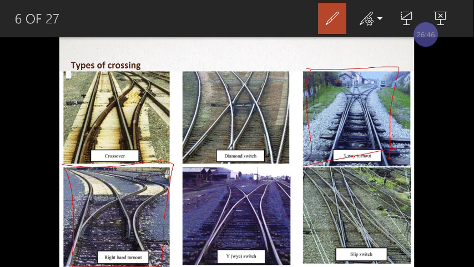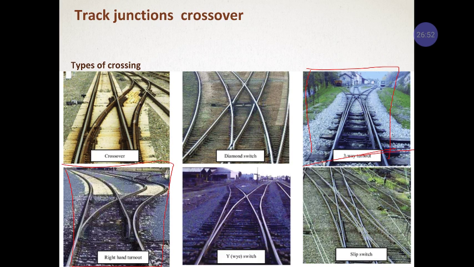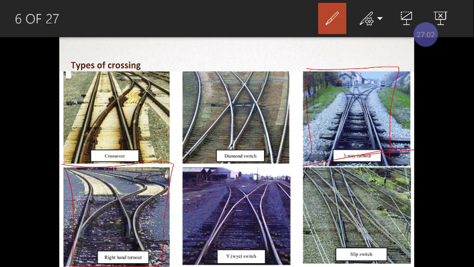One more is the Y crossing, where two tracks come out from the main single track like this.